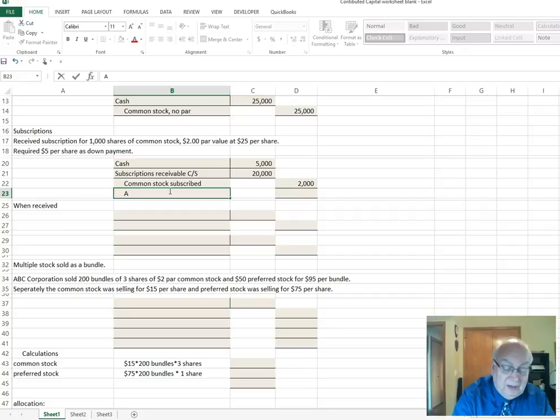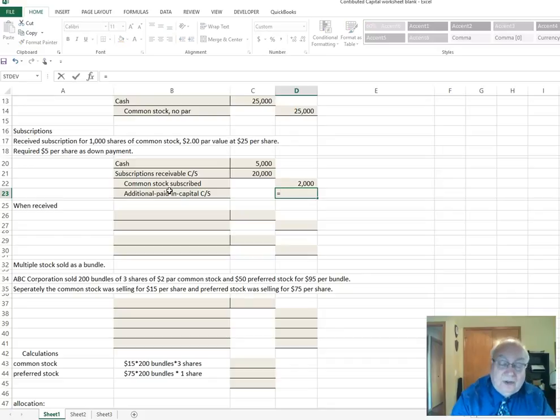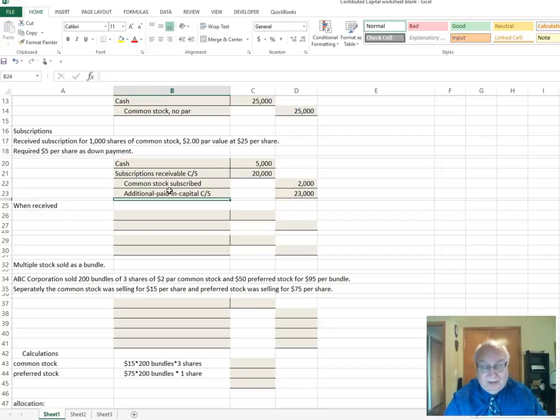But the balance will go into the additional paid in capital account. Now I'm going to start using an acronym for this in a little bit, but right now I'll still type it out. Common stock. And this is equal to the 1,000 shares times, again, the 25 minus the 2, or 23,000.